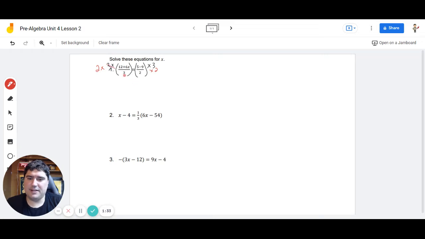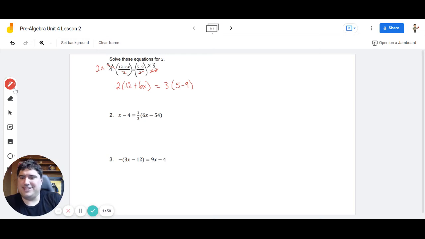So the 3 and the 3 cancel out, and the 2 and the 2 cancel out, and you're left with 2 times (12 plus 6x) equals 3 times (5 minus 9). Okay, cool. Now we can do some distribution and simplifying.